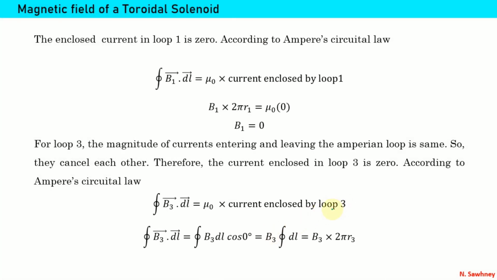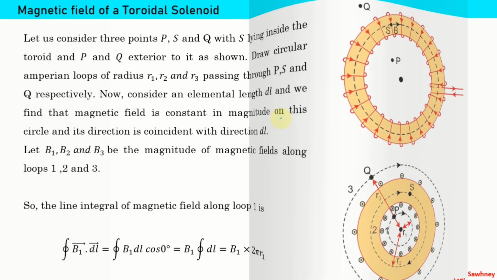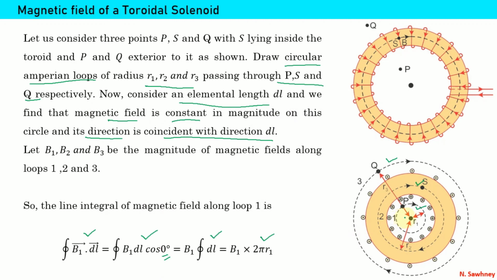And the current enclosed by loop 1 is 0. See how? As this loop 1 is in the interior of the toroid, there are no symbols for dots and crosses here, that is, no current is passing through this loop. So the current enclosed is 0.